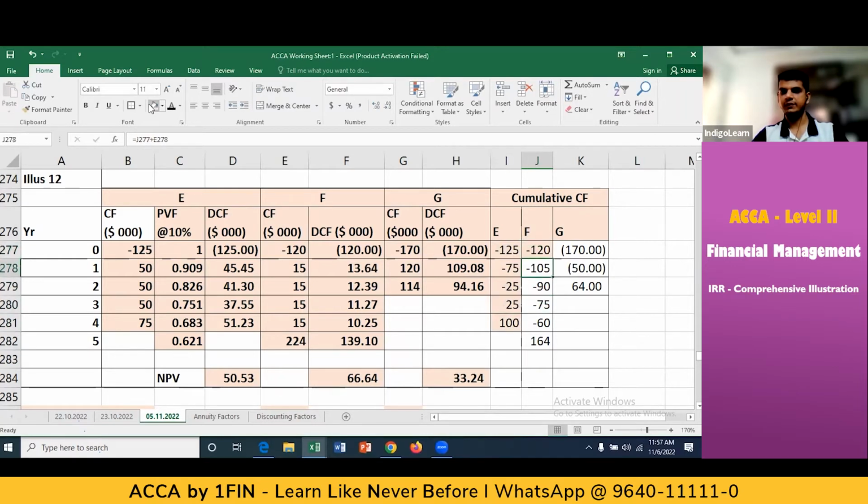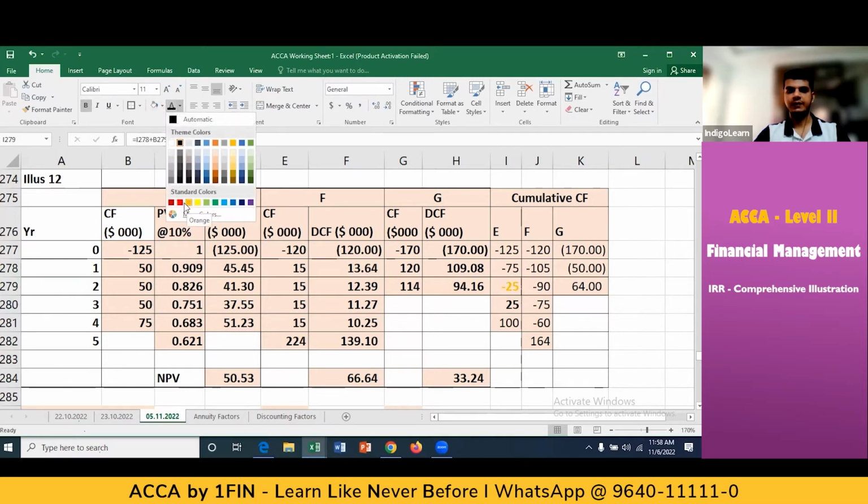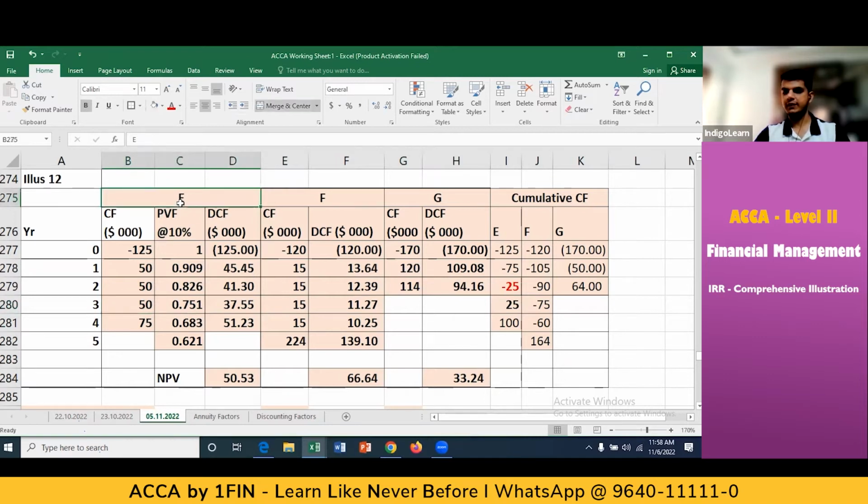Similarly, we have done it for F project also and G. So we could see for project E, the payback period would be somewhere between 2 and 3. Somewhere between the second and third year, you will be getting your payback entirely. It would be second year plus whatever is left, that is 25, divided by the cash flow for the next year, that is 50. So we'll get the payback period for project E.